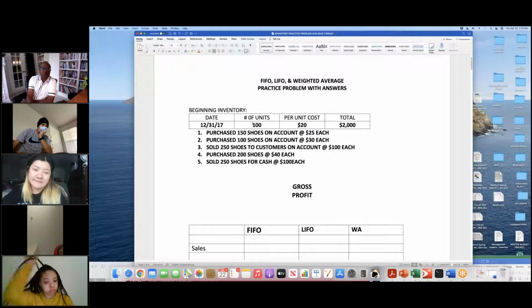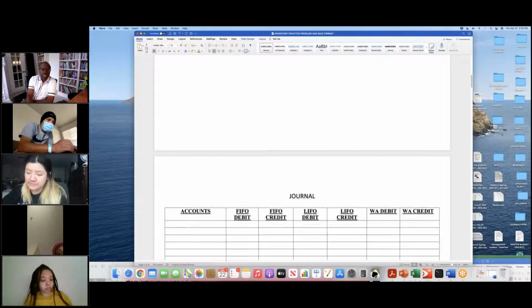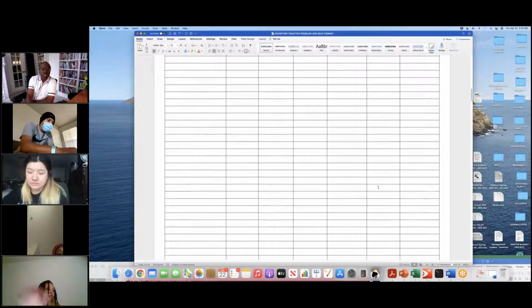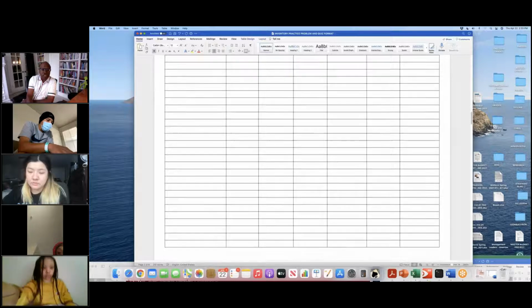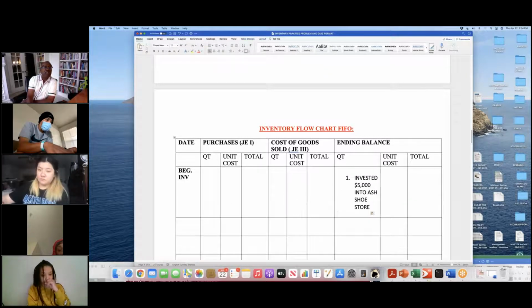We said in this problem, we had 100 units at 20. And that was 2,000. That was our beginning inventory. So we'll see if it will allow us to put it in here. No, it didn't do it. Undo.